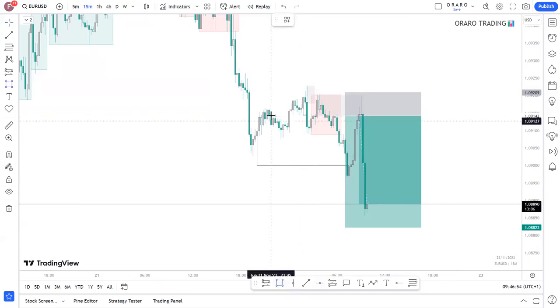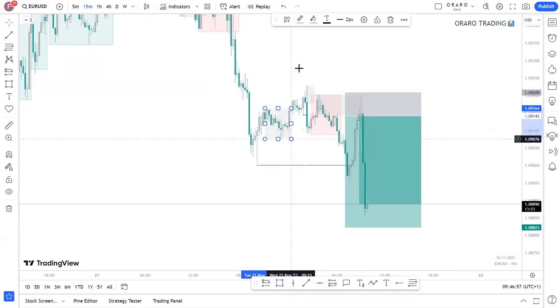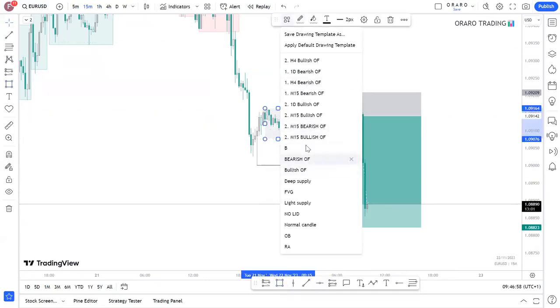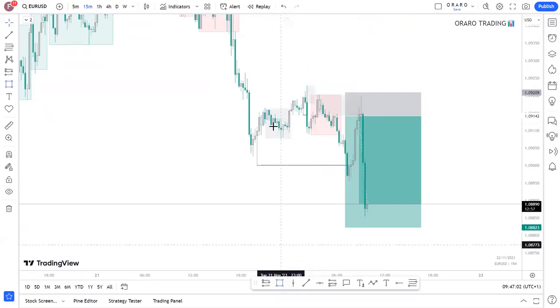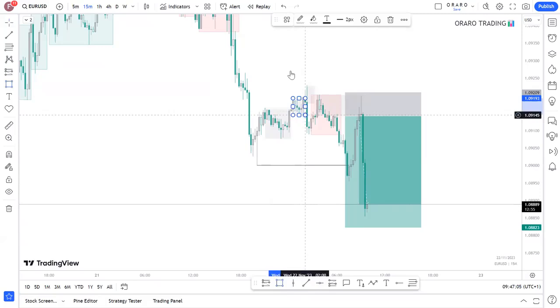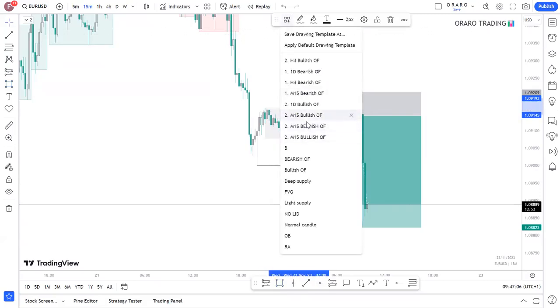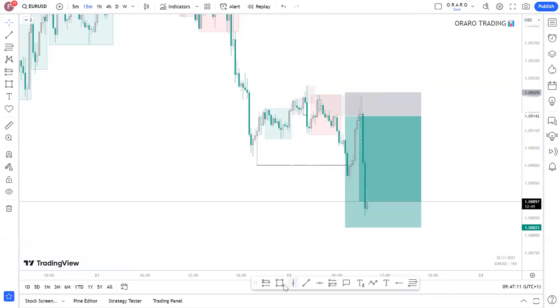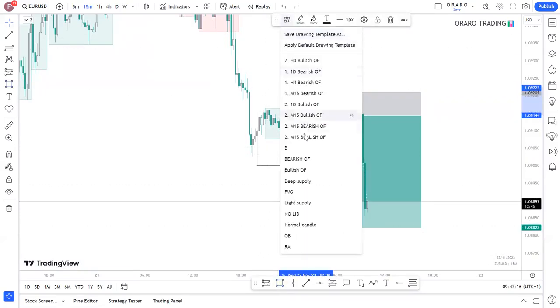Now, for you to understand where the chop occurs more, use your order flow. Order flow was bullish here, right? Then this other small one was also bullish as well. But on this order flow, price switched bearish.